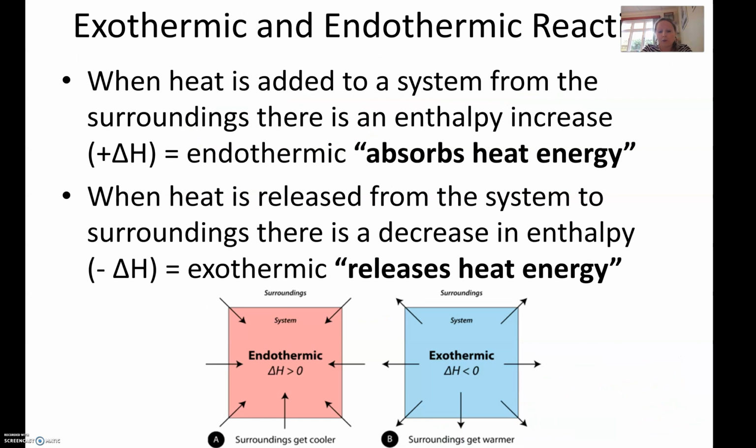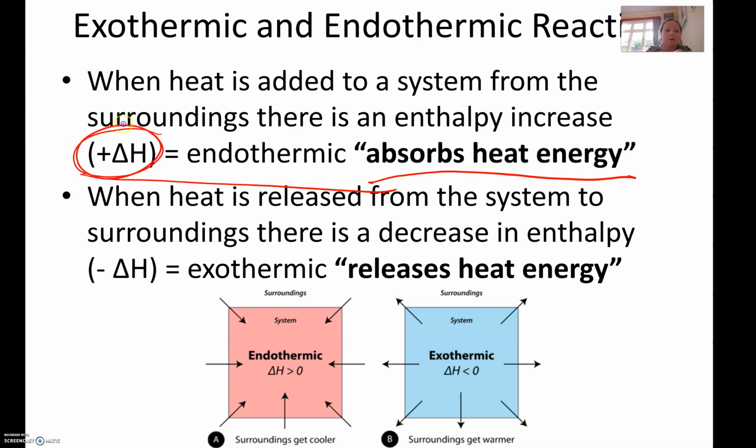So we've already said all this, but just make sure that we're all on the same boat. So when heat is added to a system from the surroundings, there's an increase in enthalpy, and all we're saying here is that the reaction is absorbing heat energy, and therefore it's endothermic, okay? And if it's absorbing heat energy, the products have got more heat energy than the reactants.